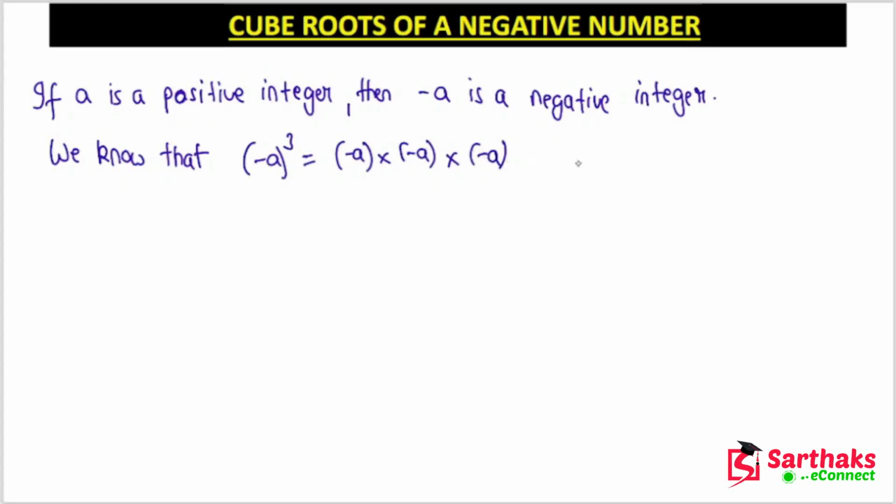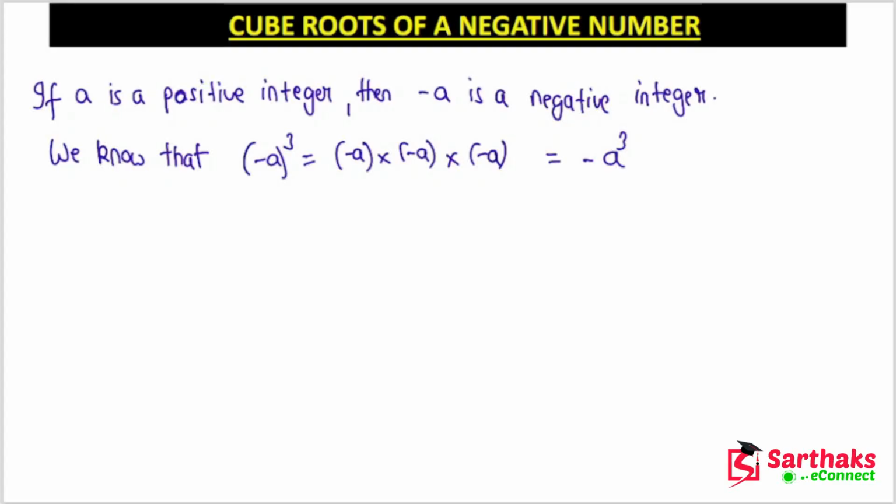Now this a into a into a would be a cube, right? Now minus into minus would be plus, into minus, so it would be negative. So that is the perspective from which we are seeing how the cube of a negative number is actually calculated. Now from this perspective, if you try to find out the cube root, then it would be very easy, right? So let us see what the cube root would be.